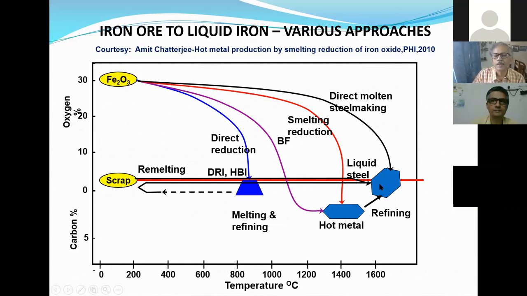And this is the steel, crude steel, as you can find. Steel is produced in what is called a basic oxygen furnace, where basically you take the hot metal. In the hot metal, you can see 4% carbon, 5% carbon is there. So you have to remove the carbon, along with other impurities like silicon, manganese, phosphorus.